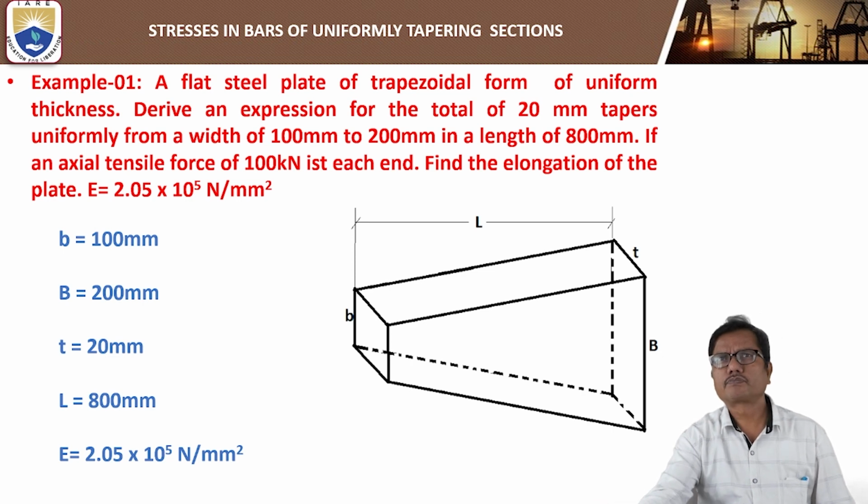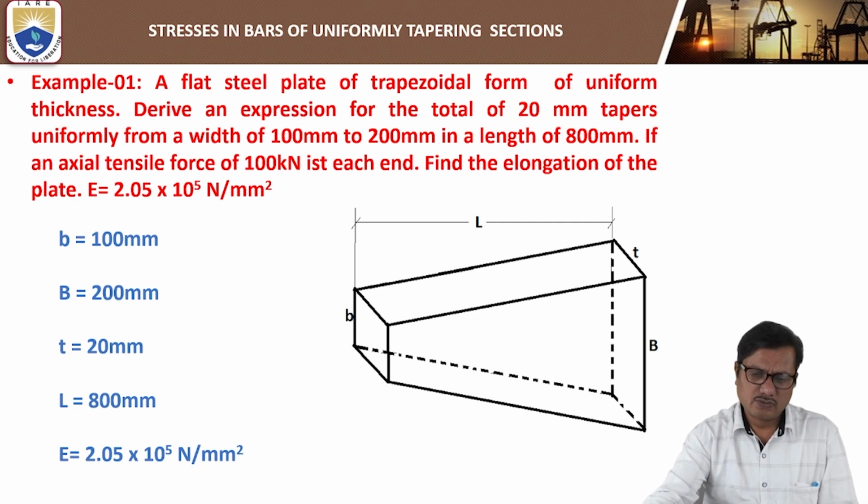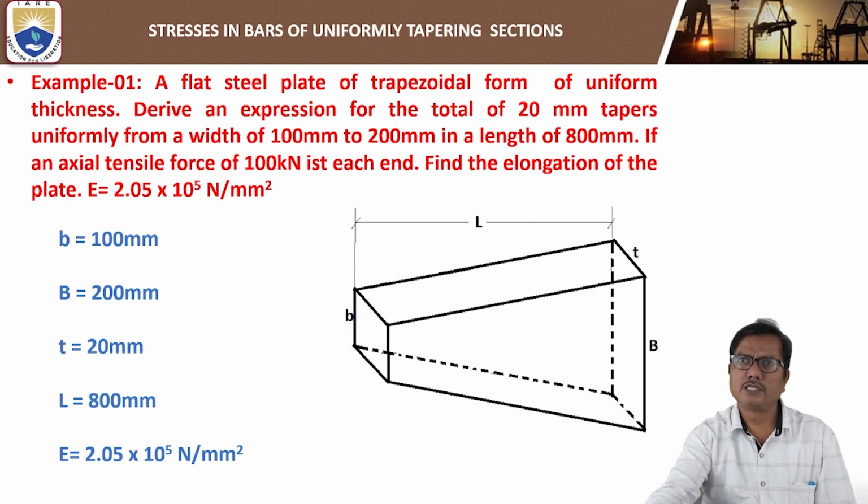Now, in the first example, it is seen that the trapezoidal form, a tapering bar with a trapezoidal shape. That means the cross section is rectangular.